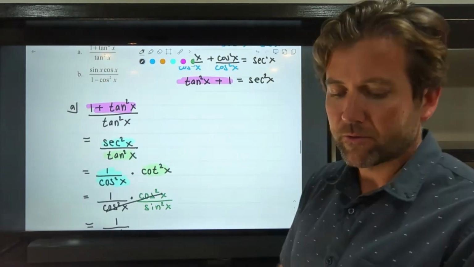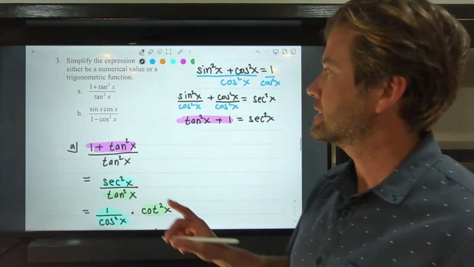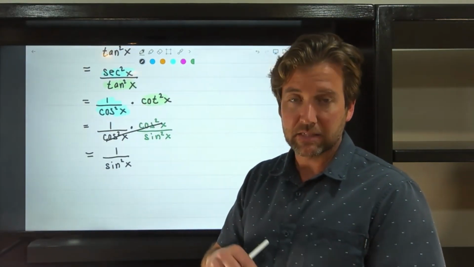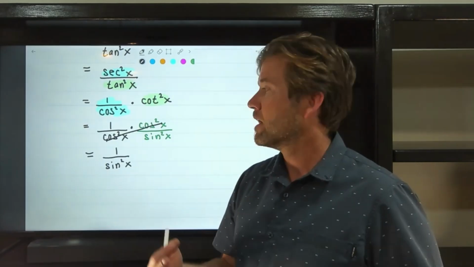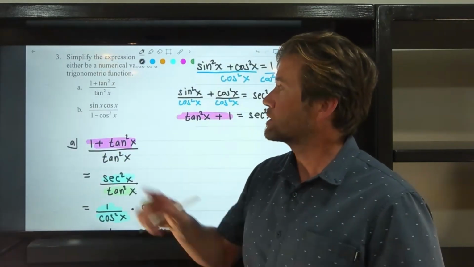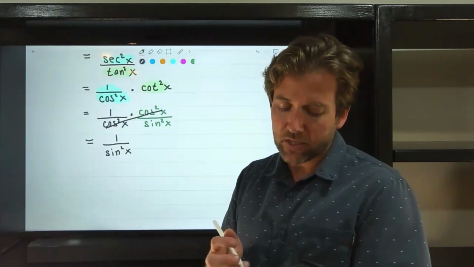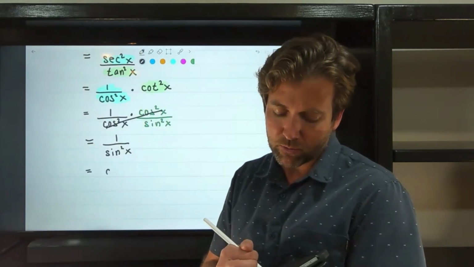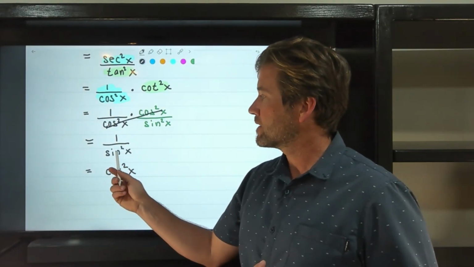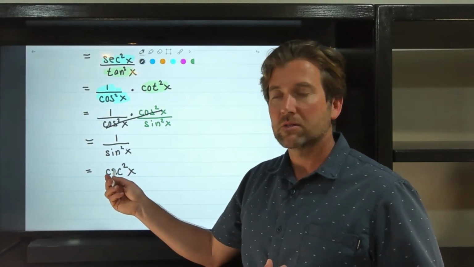All right, so if this was a College Board question, it would likely say rewrite this expression as the sine of x, and this would be your answer. Or it might say rewrite this expression as the cosecant of x, and our answer would be cosecant squared of x. So 1 over sine squared of x is equal to cosecant squared of x.